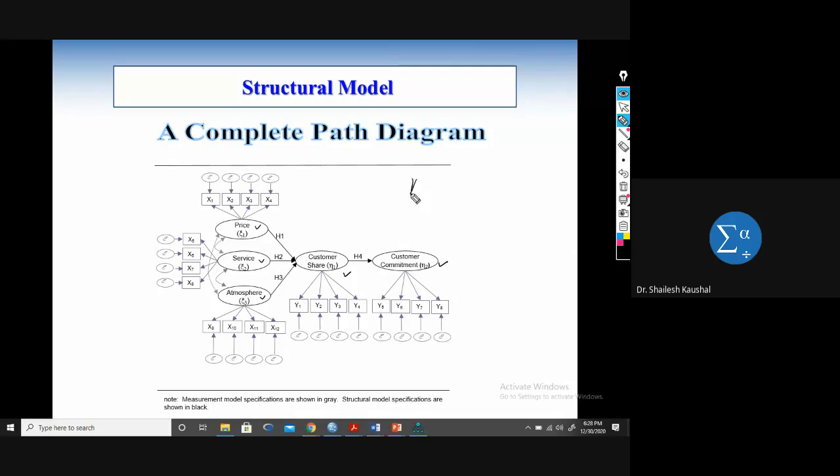So here y equals b0 plus b1 x1 plus b2 x2 and so on. Here y is sales, the DV, and the independent variable is advertising expenses.